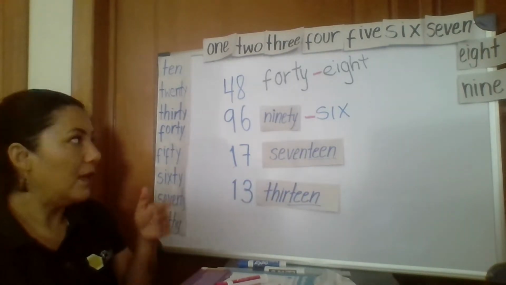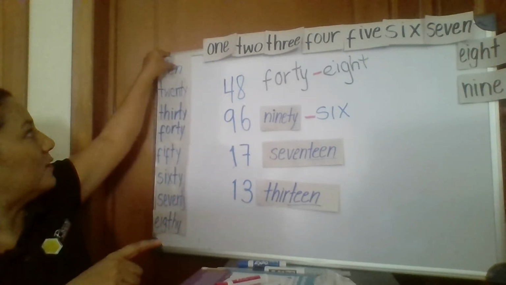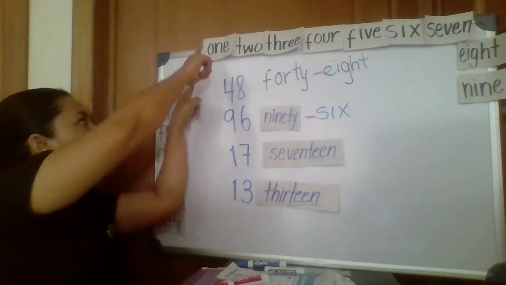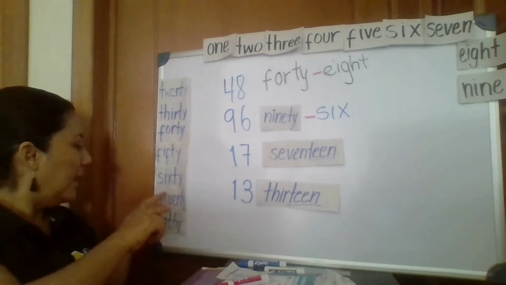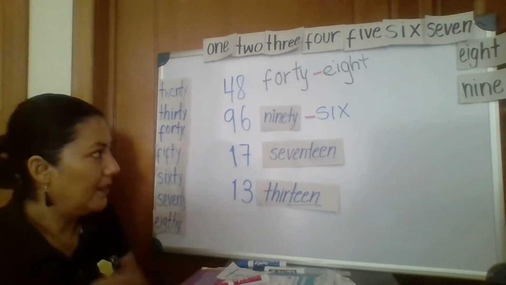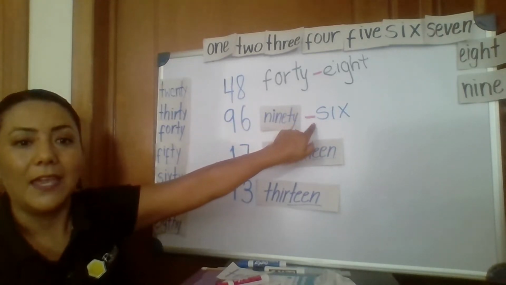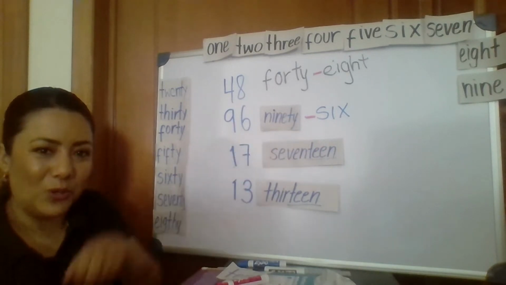After 20, then we make these combinations, except this one. Only after 20. 21 or 53 or 75. And where you combine two words, a hyphen is needed between words.